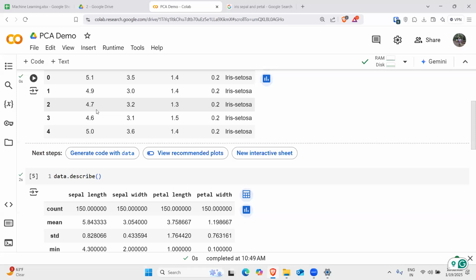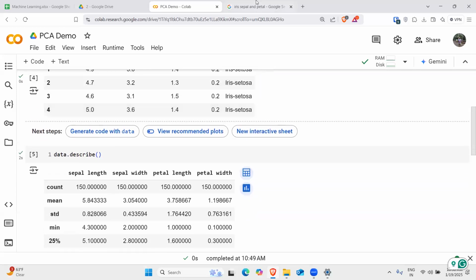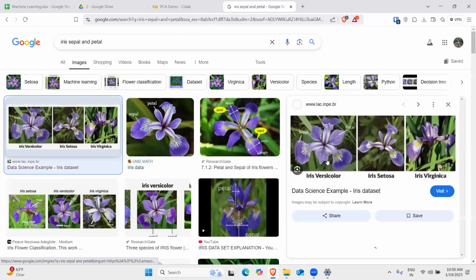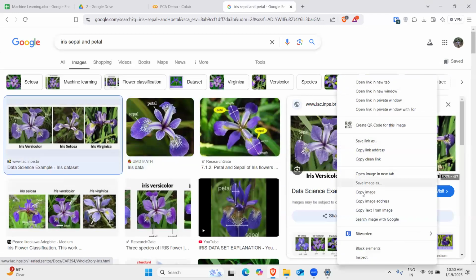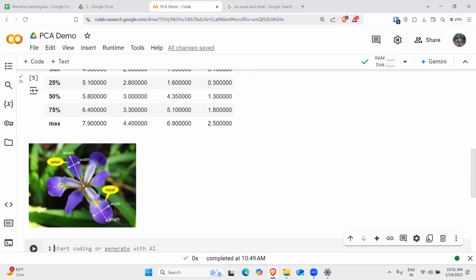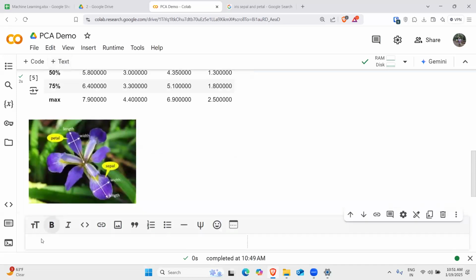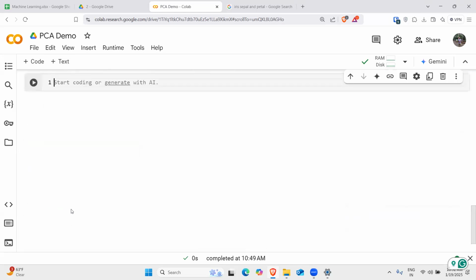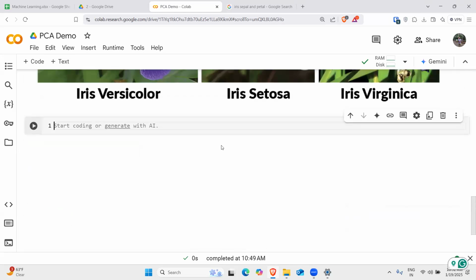Another thing is that there are three species of iris: versicolor, setosa, and virginica. We'll try to take all of them.